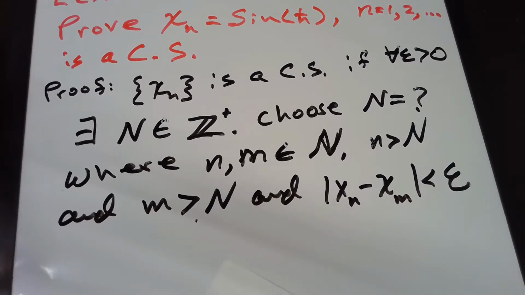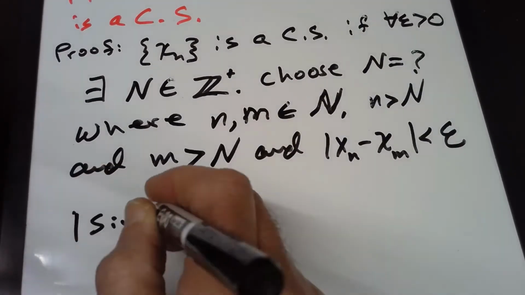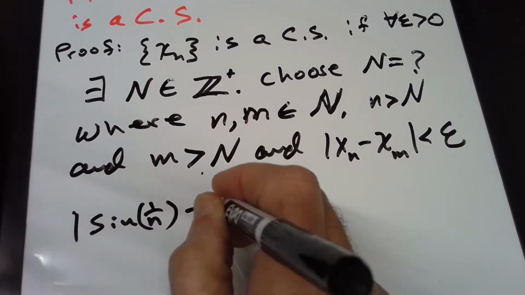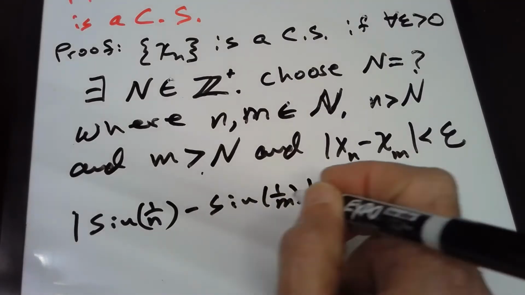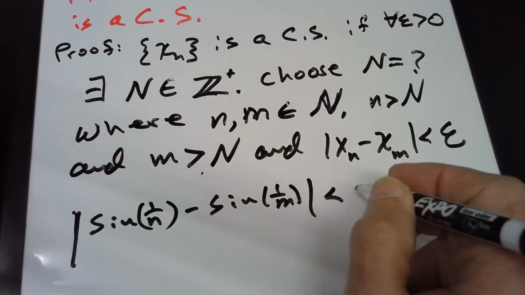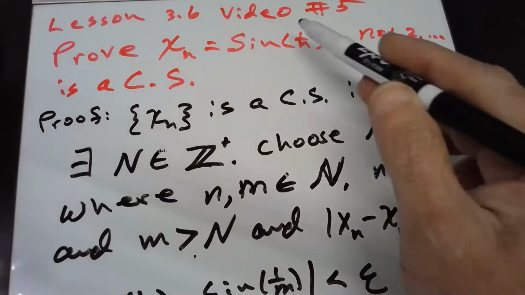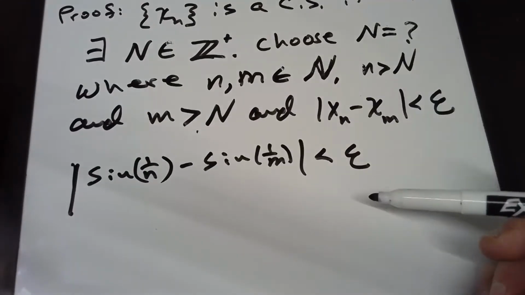So first thing we're going to do is put in our sine of 1 over n minus sine of 1 over m, and that's all in the absolute value, is less than epsilon. So we're putting our sequence into our absolute value less than epsilon.